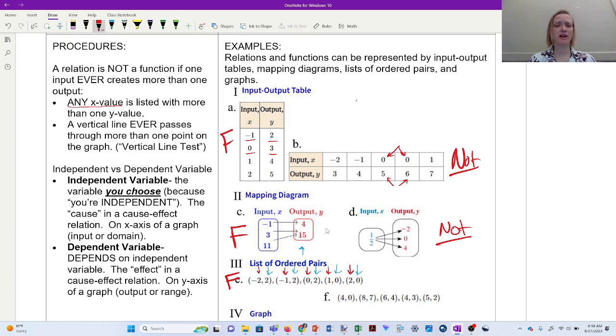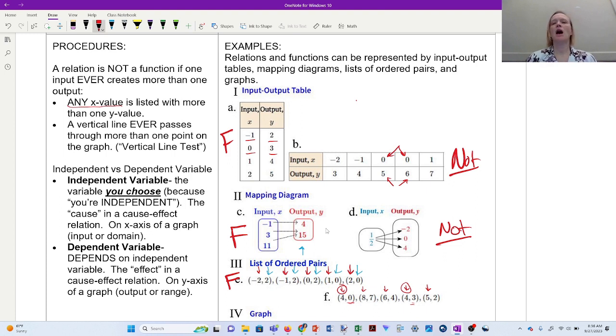If we look here at our inputs, we've got 4, 8, 6, 4, and 5 as our inputs. And if you notice, there is a repeat here. We repeat those 4 values, and when we repeat those 4 values, we have different y values, 0 and 3.